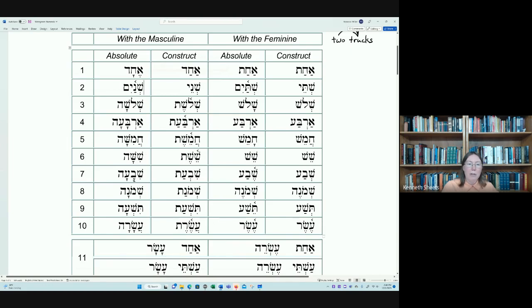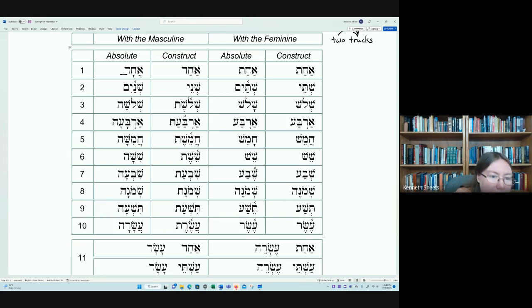Now, as I went through those numbers, you probably noticed that there was a little bit of a switch. Number 1, echad, does not have an "a" ending, just like what we would expect for an adjective that is modifying a masculine noun.